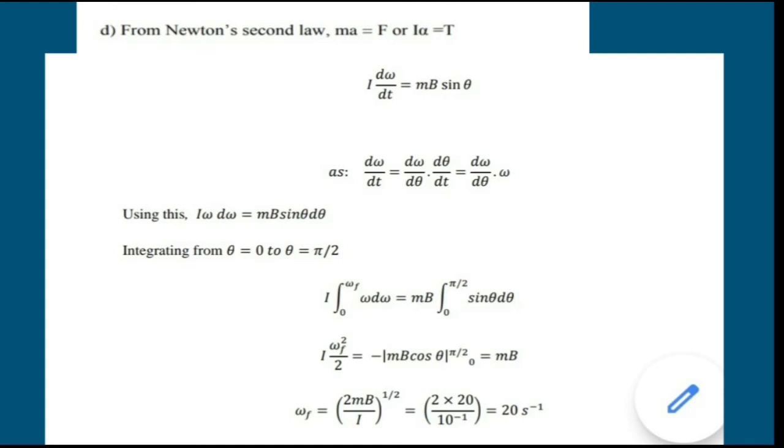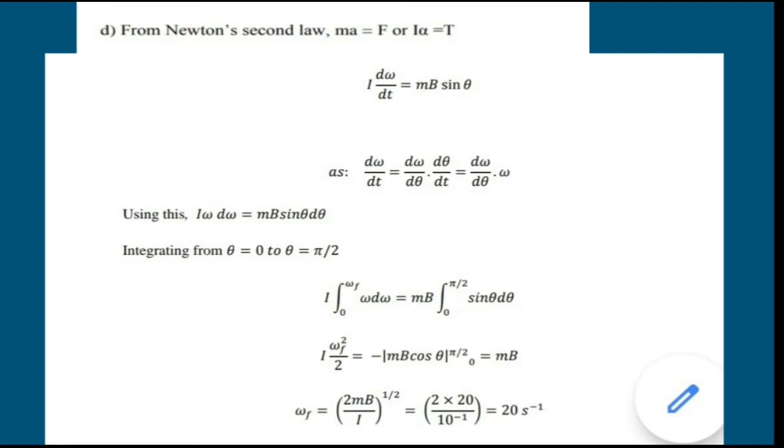So we will start with the expression: we know I alpha is equal to torque. The torque tau, or here it is written as capital letter T, so actually we have used the letter tau. So torque tau equals I alpha, where I is the moment of inertia and alpha is the angular acceleration. So we have to use that relation.